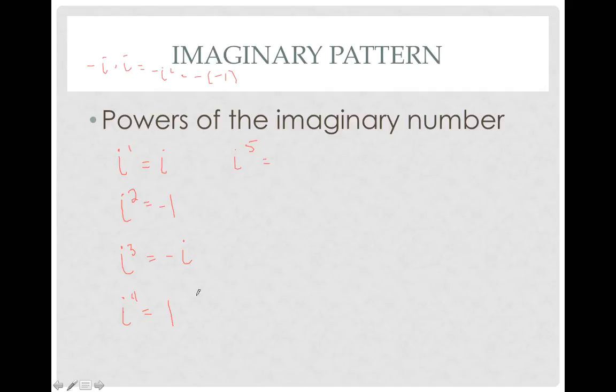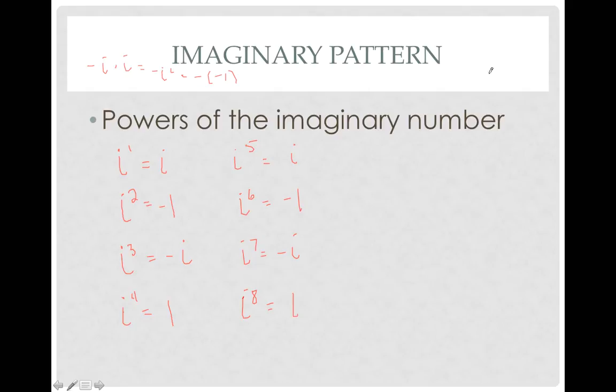Well, i to the 5th would just be tacking on another i, so I'd take 1 times i. Well, that's just i. And if I continue here, some of you might be seeing this pattern already. If I multiplied by another i, I'd get i squared. Well, that's just negative 1. If I multiplied by another i, I'd just get negative i again. If I multiplied by another i, I'd end up with that positive 1.